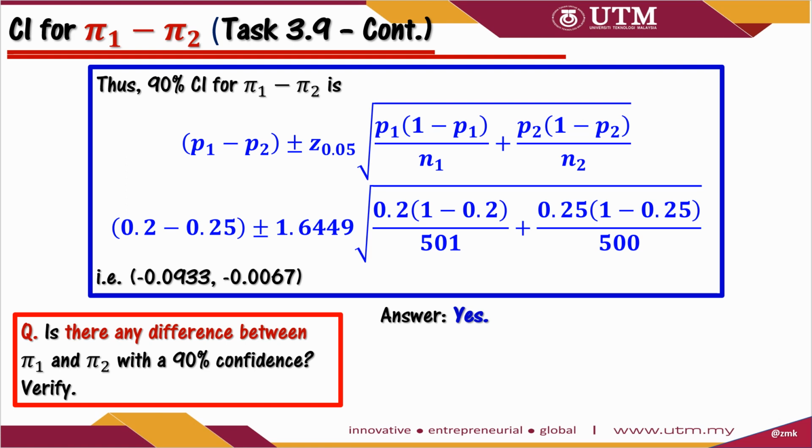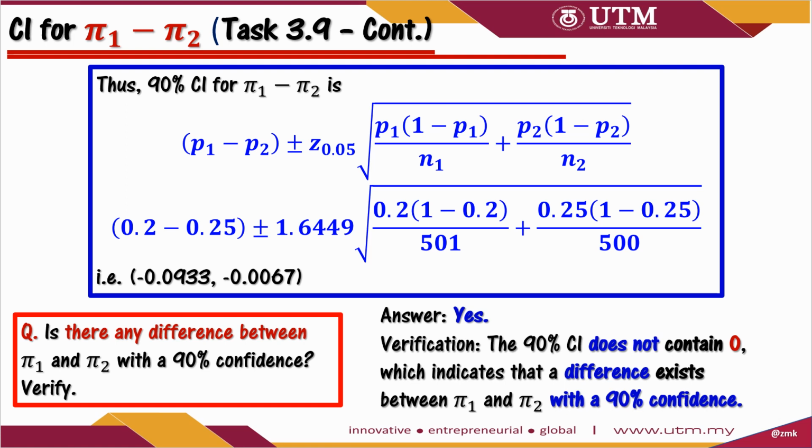How to verify? You can say that the 90% confidence interval does not contain zero, which indicates that a difference between the proportions of girls and boys who want to study in an engineering discipline is expected to exist with a 90% confidence.